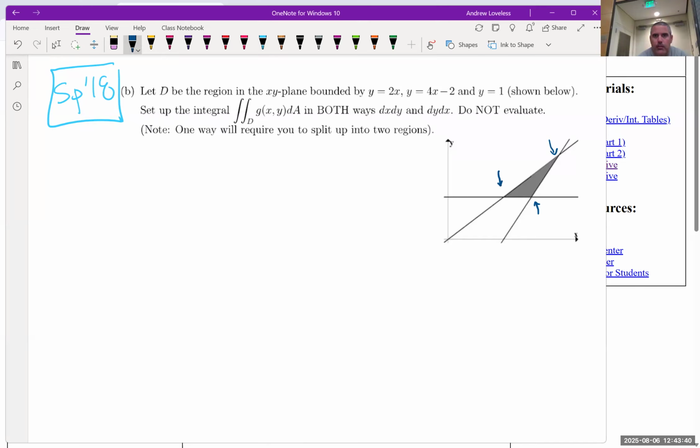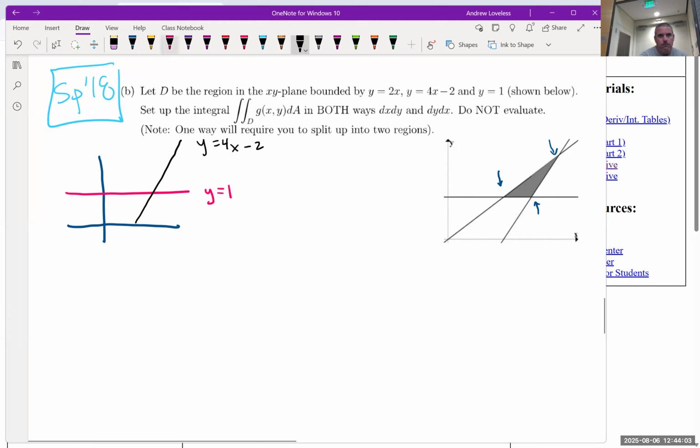Well, let's see, they give me y equals 2x, y equals 4x minus 2, and y equals 1. So no matter how you do this problem, you would need to know where these intersections are.